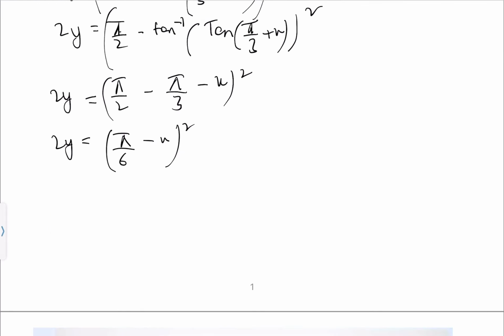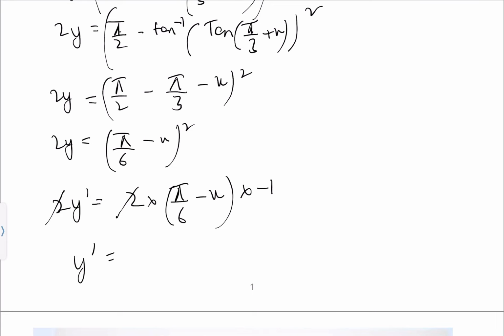Here we have 2y, so twice of y dash equals to, the 2 comes forward, and this becomes 2 times (pi by 6 minus x) into the derivative of minus x, which is minus 1, and the 2 cancels with 2, and we are left with x minus pi by 6.